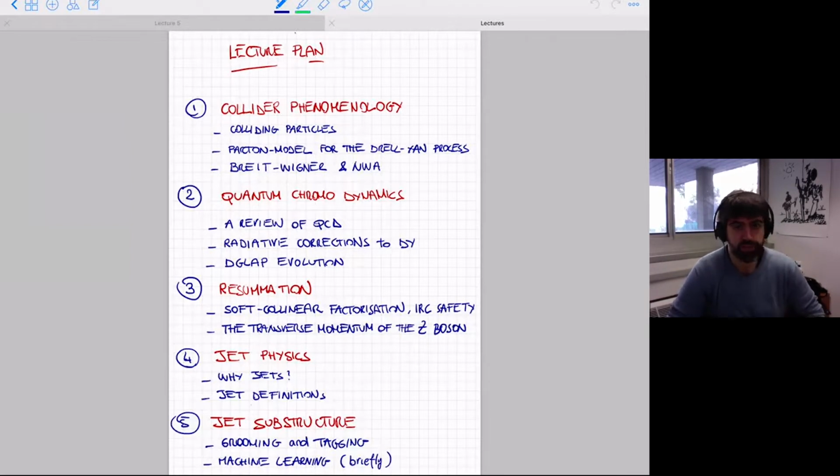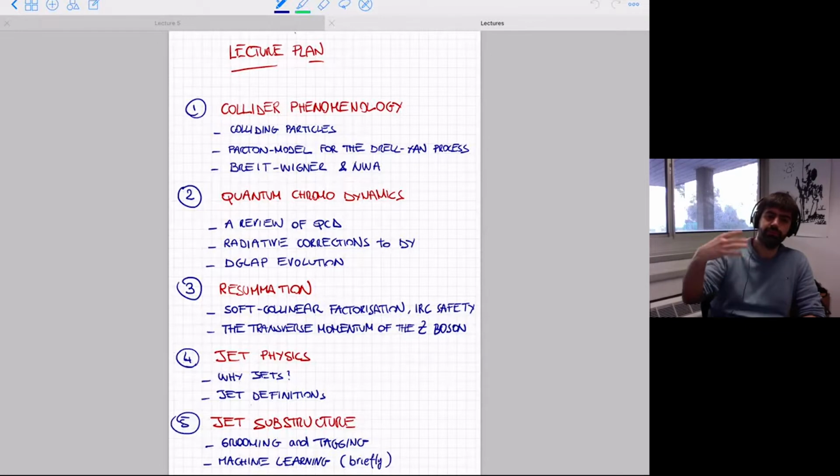And we did so for the very inclusive lepton pair invariant mass distribution. And we saw that although we encountered some infinities in our calculations, we can either show that they cancel when we add inclusively real and virtual corrections, or we can get rid of them through some sort of renormalization.